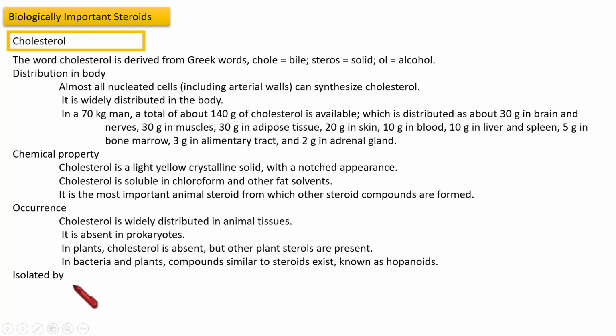And then we need to learn the names of some scientists related to cholesterol, who isolated this cholesterol for the first time. The name is Poulletier de la Salle, in 1758. From where did he isolate this cholesterol? Gallstones.